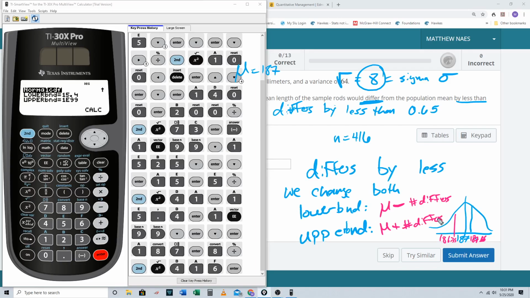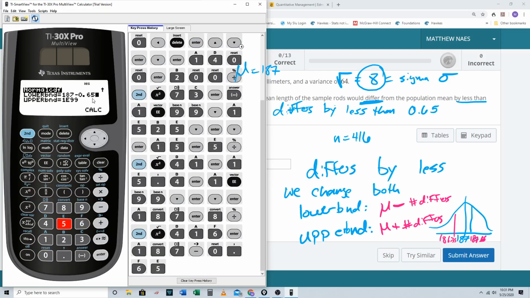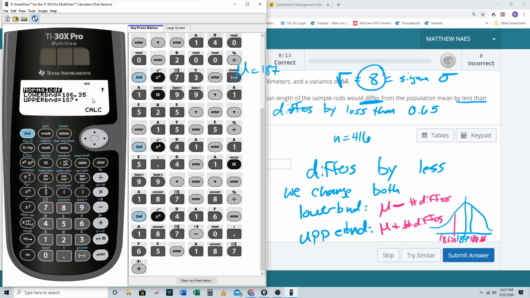In this case, we take the mean, 187, and subtract 0.65, the amount it differs by. Okay, 186.35, like we already said. Then we take the mean, 187, and add the amount it differs by, 0.65. We should get 187.65.